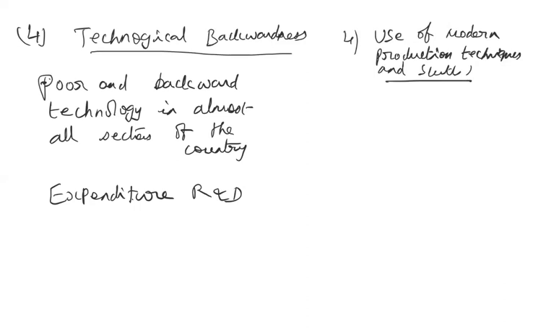But if you take India, the expenditure on research and development is only 0.62% of GDP. In the developed countries, these countries have a highly skilled labor force with a good amount of entrepreneurial facilities available. Apart from that, they keep on innovating, doing a lot of research, and incurring more expenditure on research and development. Let us check.